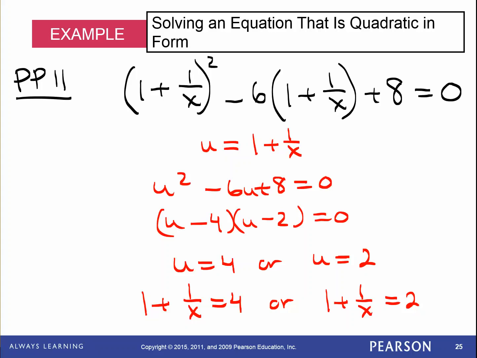Okay, so let's go for it. Let me rewrite the bottom two equations we had. This one, and this one. All right, so I guess we should start here. Don't we think about what x cannot be? Is it the same domain restriction for both problems?